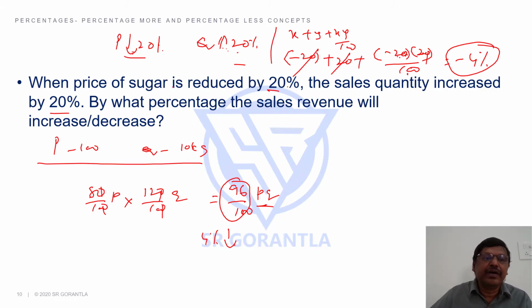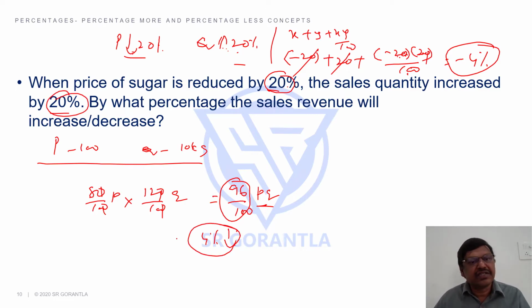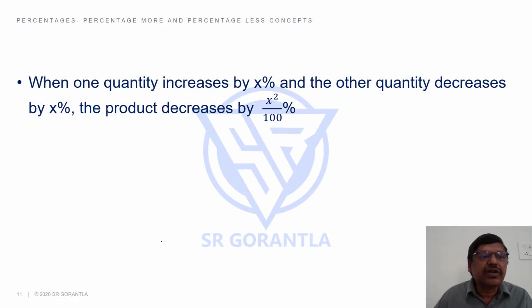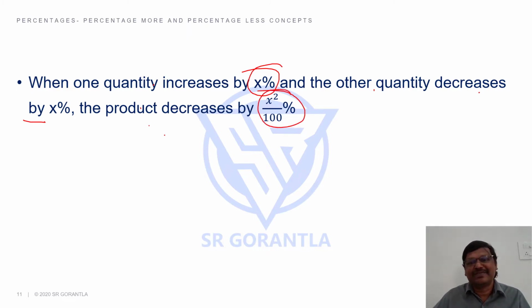So please remember, if there is an equal percentage of decrease and increase, the net is always going to be a decrease. I can tell you one more shortcut for this. When one quantity increases by x%, and the other quantity decreases by again x%, the product decreases by x square by 100%.